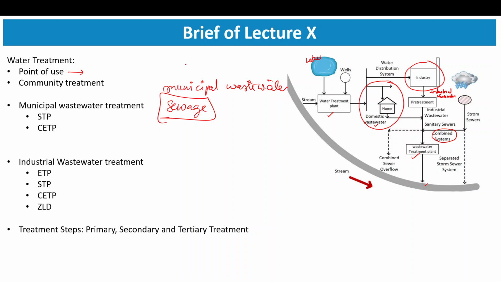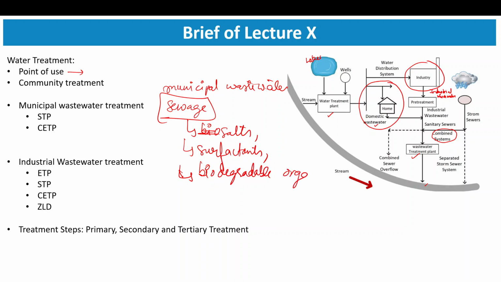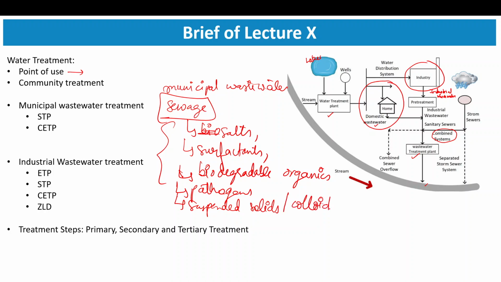This type of water usually contains salts, surfactants, biodegradable organics, pathogens, right? And some suspended solids also, and some colloids. All these are the most probable pollutants present in municipal wastewater.